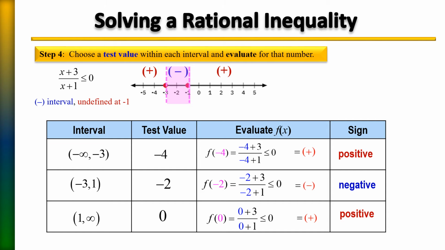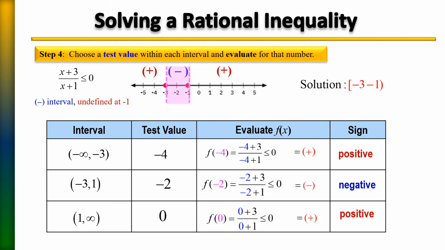Yes, if you remember, it was the -1, and the reason why, again, is because -1 would make the expression undefined. So we can put a bracket at -3, have that bracket there, but we cannot put a bracket at -1, because -1 cannot be a part of my solution.